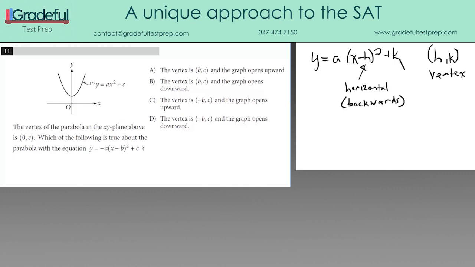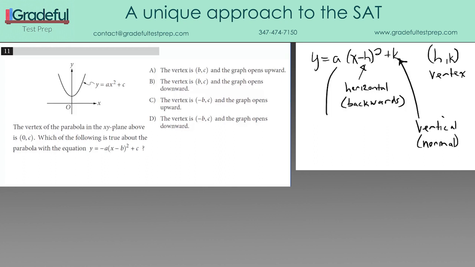But the thing that's being added on the outside, the k, that is the vertical shift. And because in the formula it's positive, that means that it's normal. So if you see a positive number added to the outside of a parabola in vertex form, then you know it's shifted up. And if you see a negative number there, then it's shifted downward.